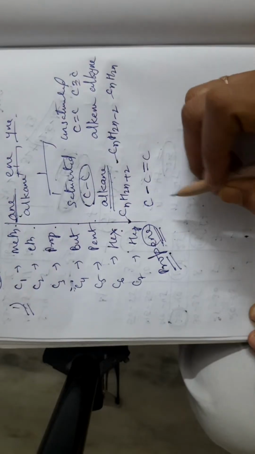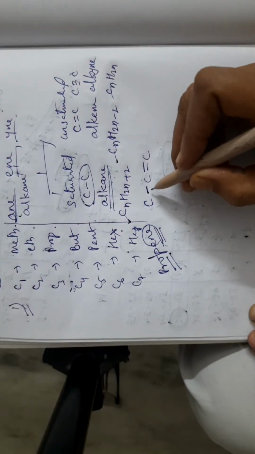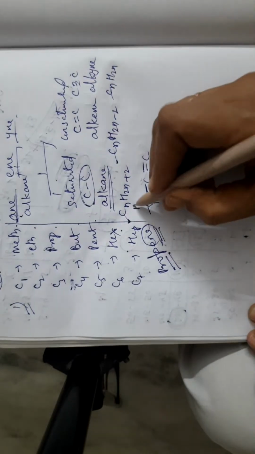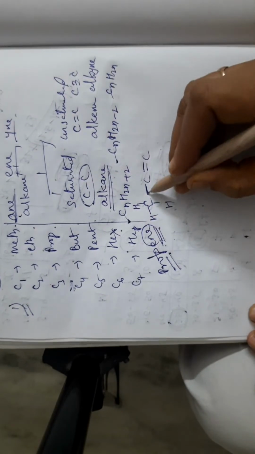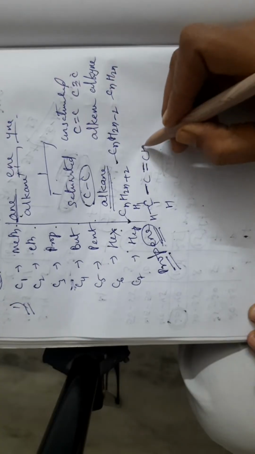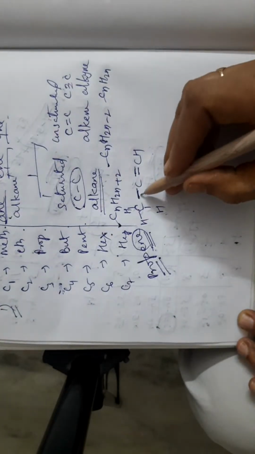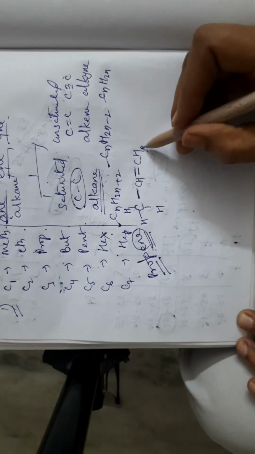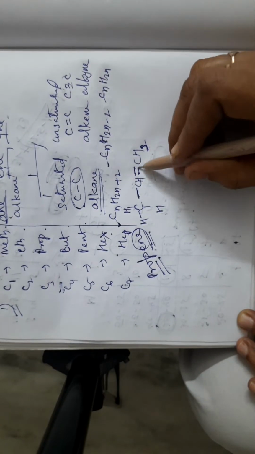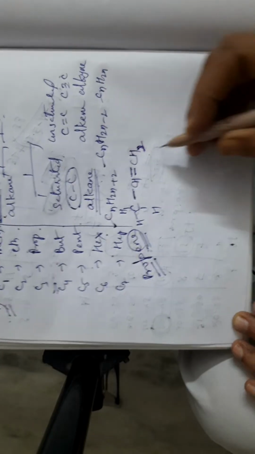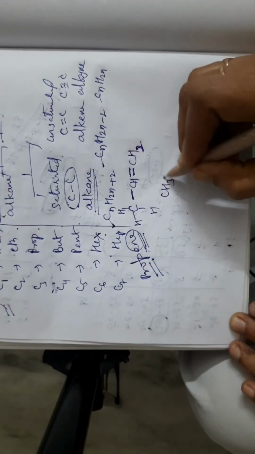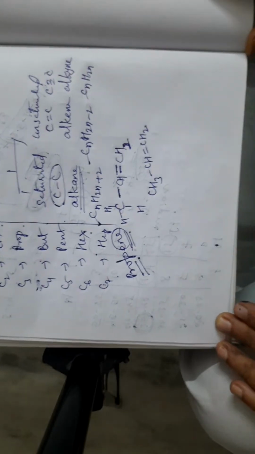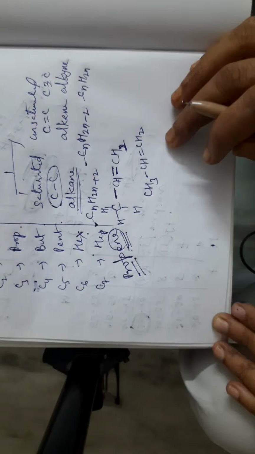Carbon's valence is 4, so we need to put 4 bonds. 1, 2, 3, 4. The rest are hydrogens. Here 1, 2, 3 already makes 3, so one hydrogen. Here we have 3 bonds, so one hydrogen comes. This carbon has 2 bonds, so 2 hydrogens. So the formula is CH3CH=CH2. So this is propene.